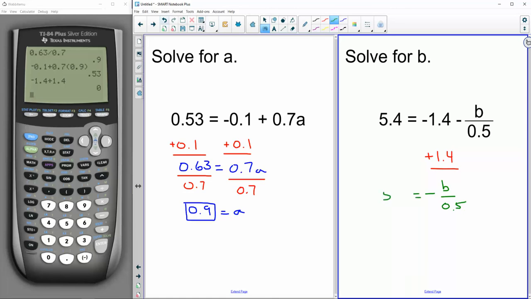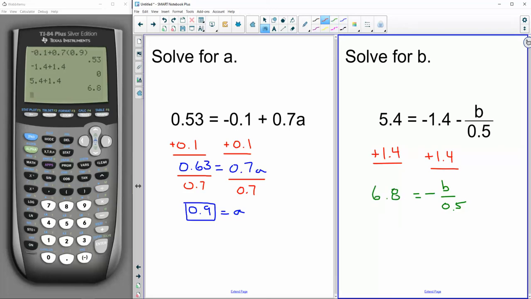Whatever I do on the right side, I also need to do on the left side. So I'm going to add 1.4 over here too. 5.4 plus 1.4 is 6.8.